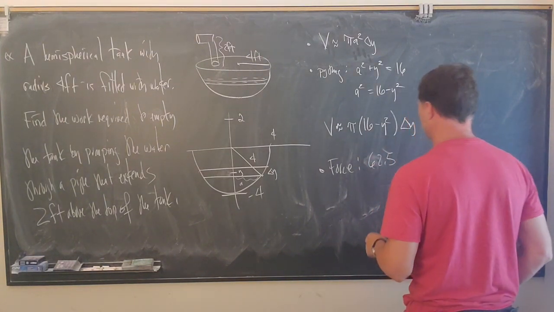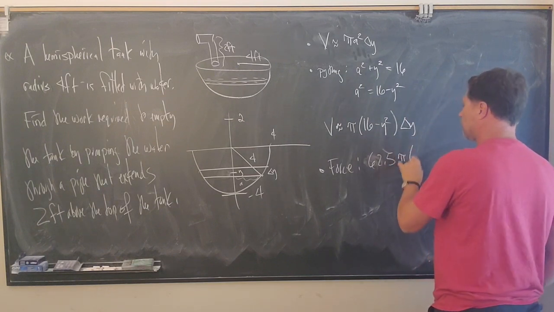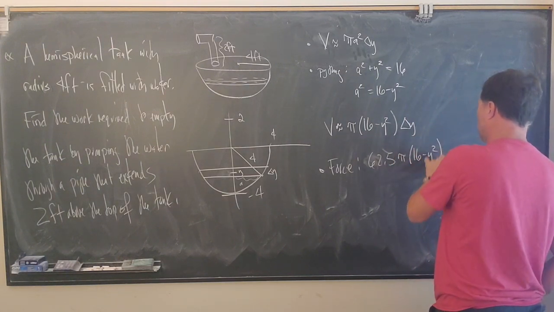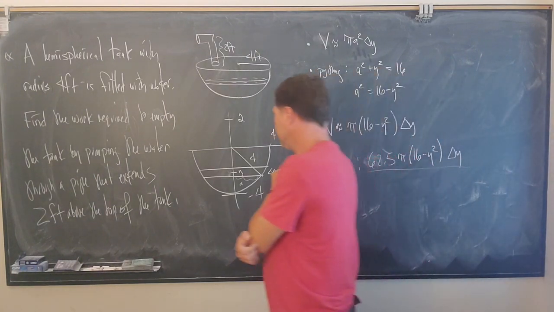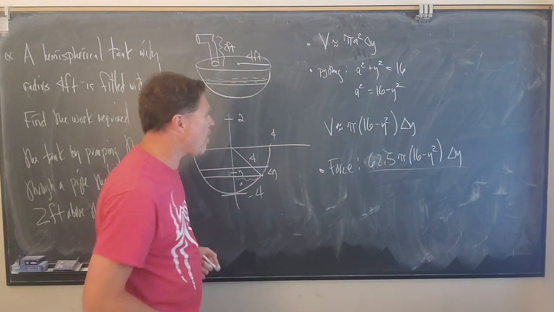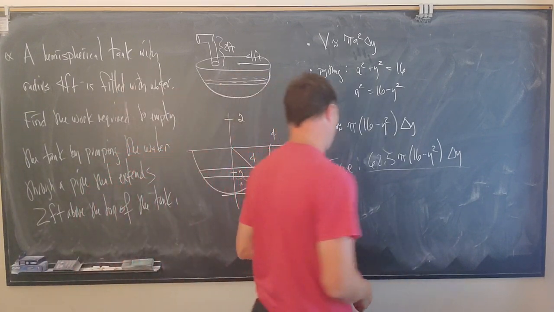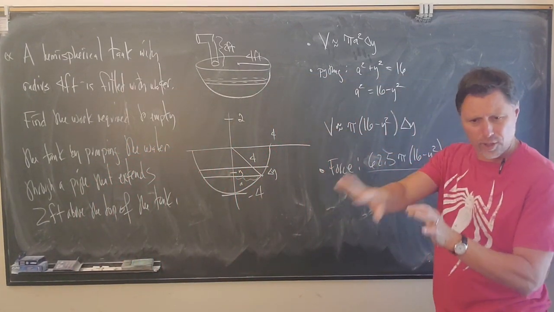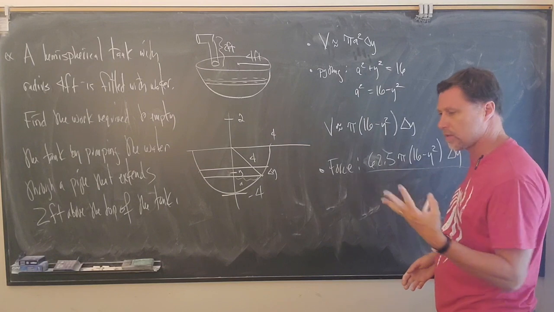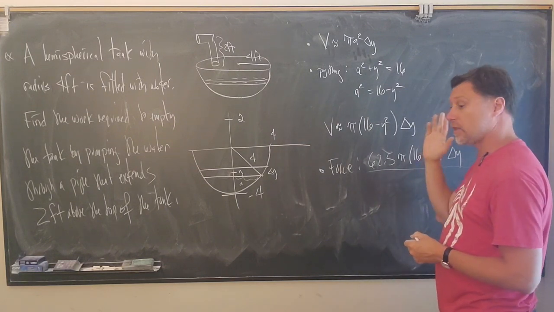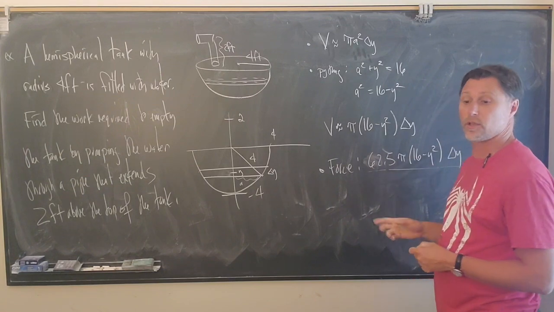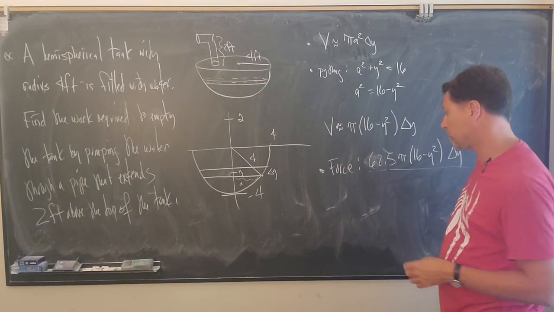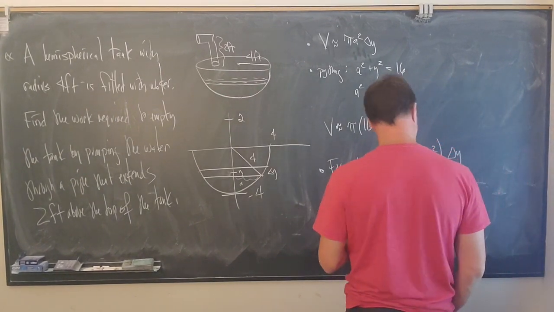So 62.5 pi times 16 minus Y squared times delta Y. That gives us the force. Remember this one. It should be given in your book. They'll tell you what density to use. In the US system, if you're working with water, 62.5. If you're in the metric system, it's 9,800. So there's the force.